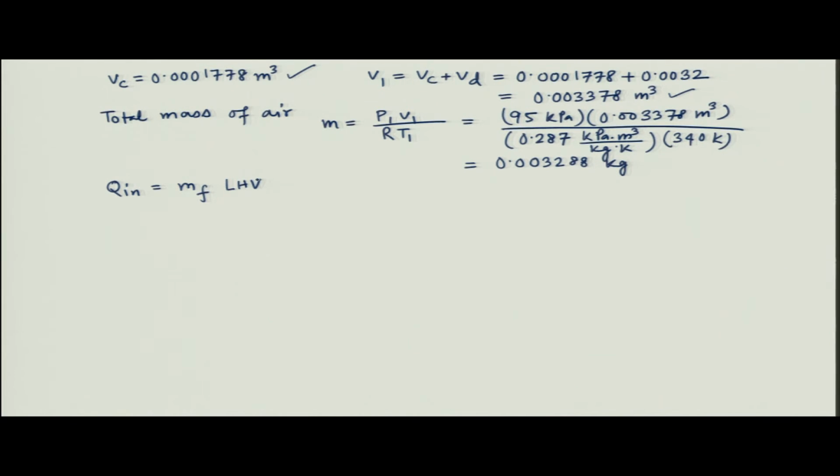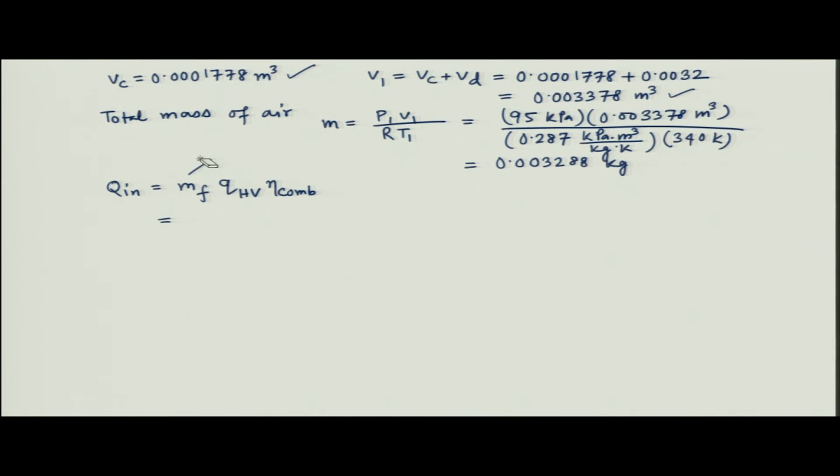So, this is the mass of fuel that we have to find, and the heating value of the fuel, let us say I am writing it as QHV, that is the heating value of the diesel, and then the combustion efficiency, eta combustion. QHV is given in the problem, we have to find what is MF, and eta combustion is also given.